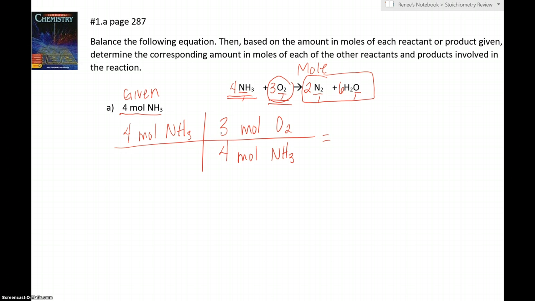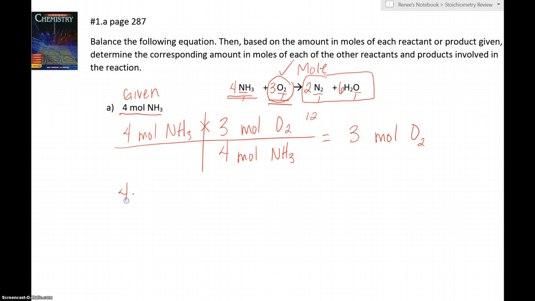So if you do that math, we should find 4 times 3, which would be 12, divided by 4, you should get 3 moles of oxygen. Just that simple.